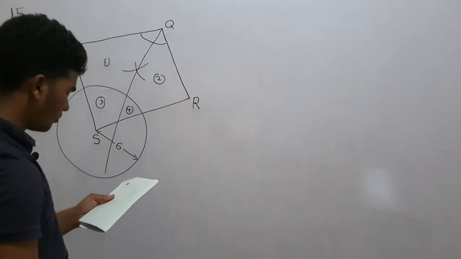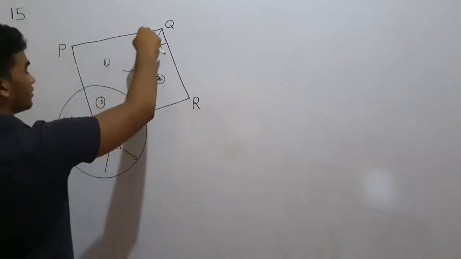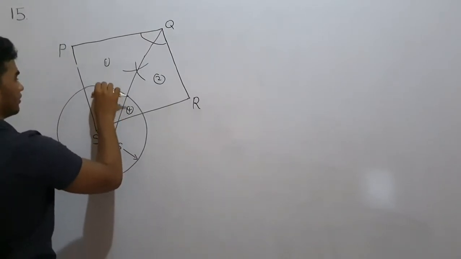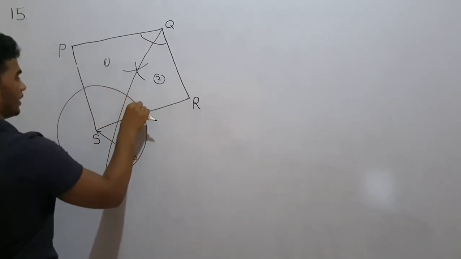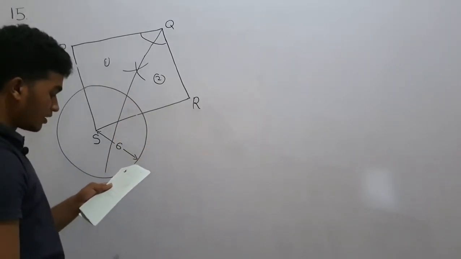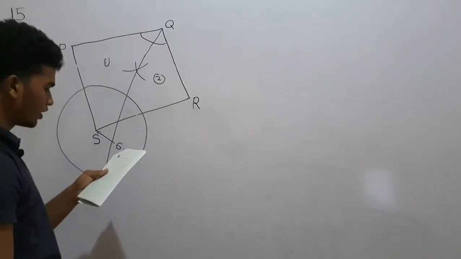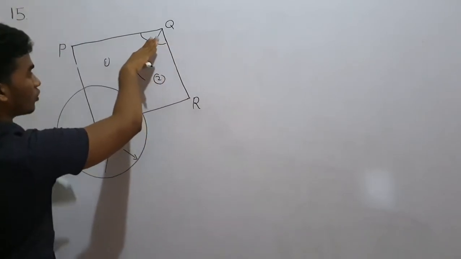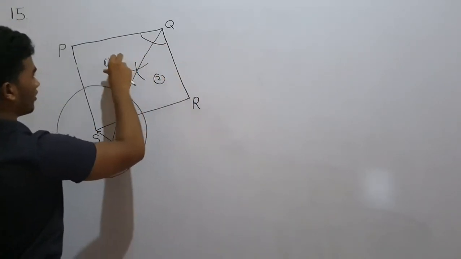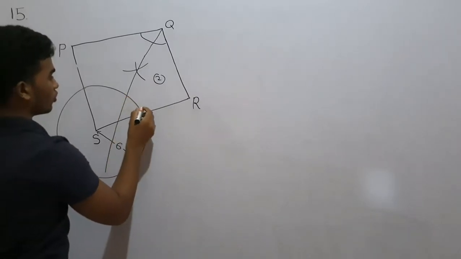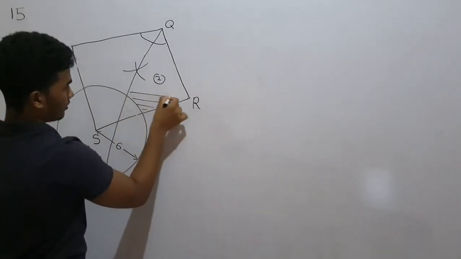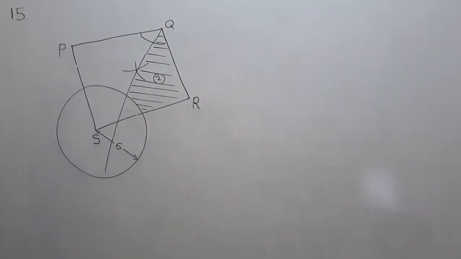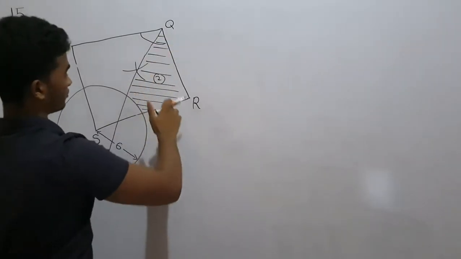They are telling first point, more than 6 centimeters from S. The shaded region should be more than 6 centimeters, so 3 and 4 will be eliminated. Second point tells closer to QR than to QP. Closer to QR, so it is going to be 2. 1 is erased. So this is the region. This is how my sir used to explain this to me and get answers. So this is the shaded region.